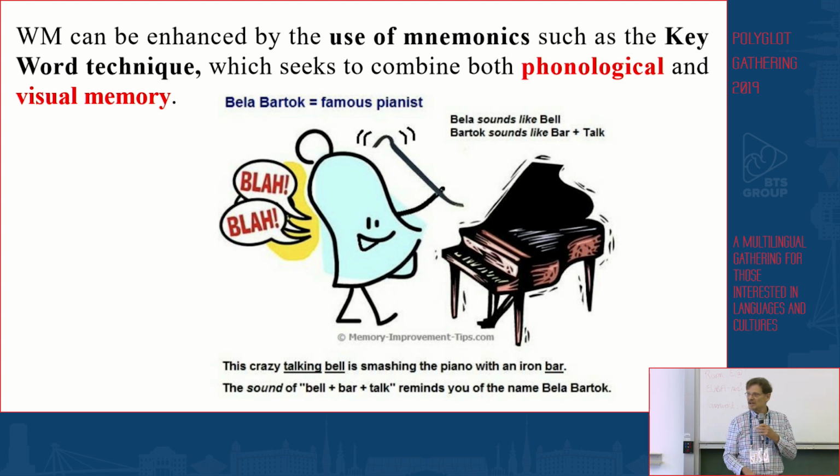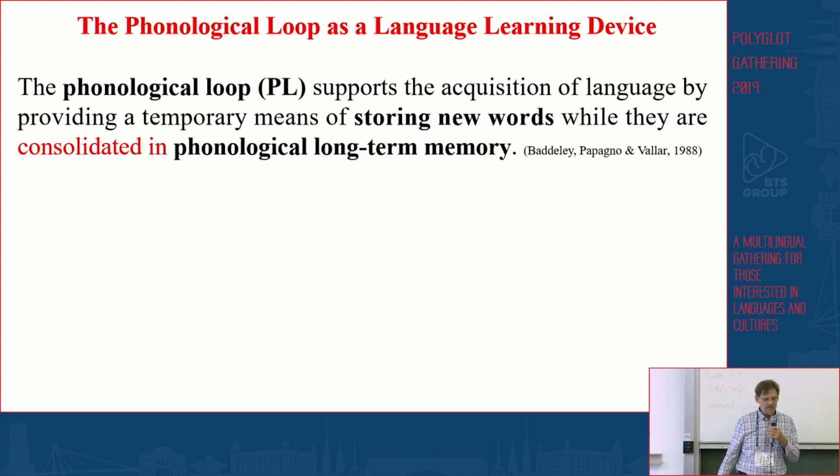Everybody get it, right? Okay, so the phonological loop as a language learning device. It supports acquisition of language by providing a temporary means of storing new words while they are consolidated in phonological long-term memory. Phonological just means the sound of.